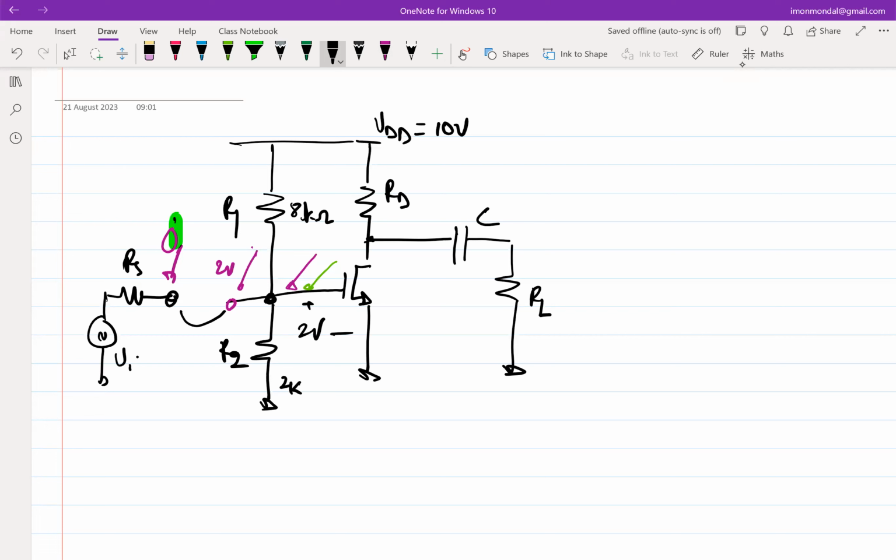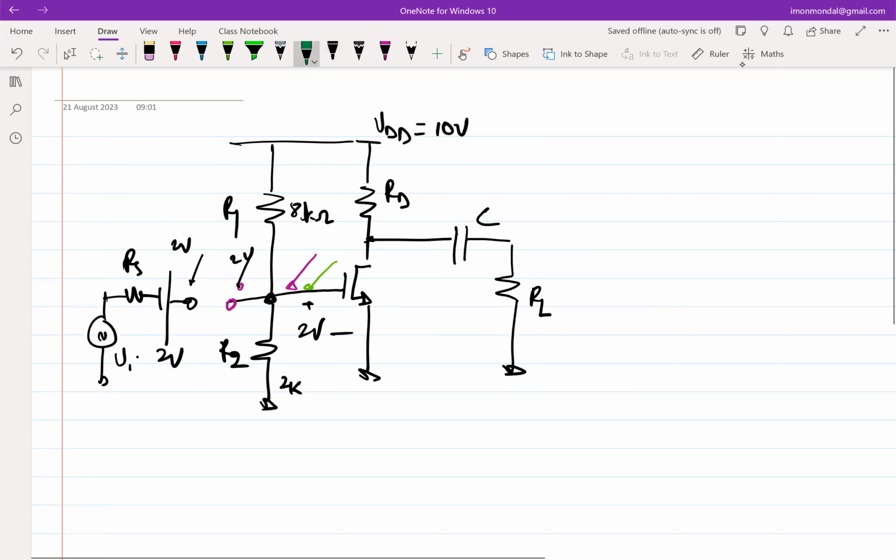Correct? So if I have to equalize this voltage to begin with, the best thing to do is probably, if I have access to a battery, I put a battery of 2 volt. So now this becomes 2 volt, this becomes 2 volt. If I connect these two, no loading. Okay. But the problem is you don't have a battery, but now we know, right?